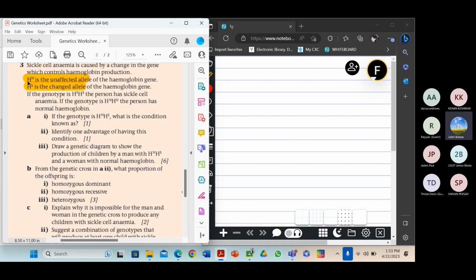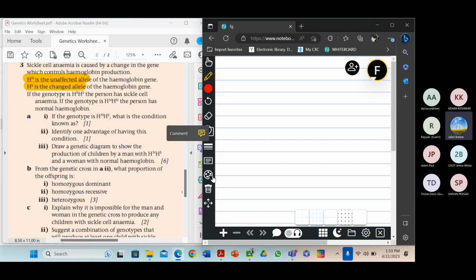So they're trying to say this is the sickle cell allele. Now, if the genotype is SS, the person has sickle cell anemia. If the genotype is NN, the person has normal hemoglobin. Now, sickle cell anemia is not sex-linked. So you're not going to put XX, XY. If you started that, you're already getting it wrong.